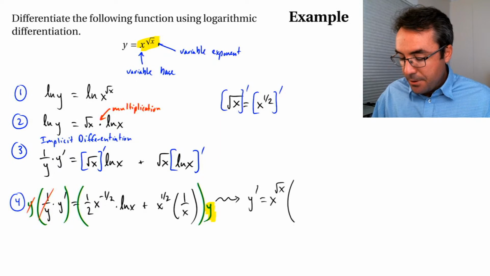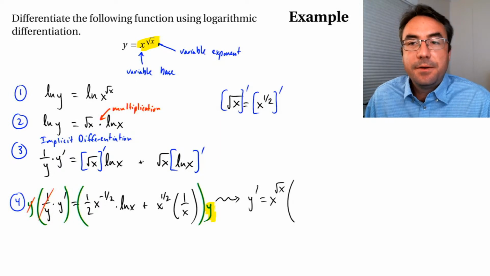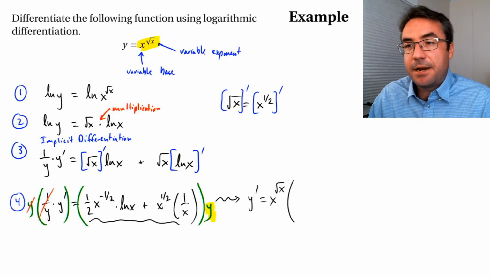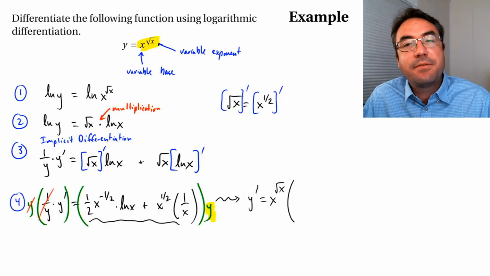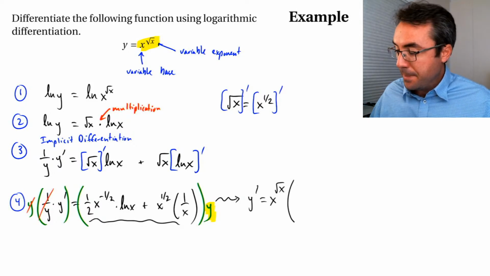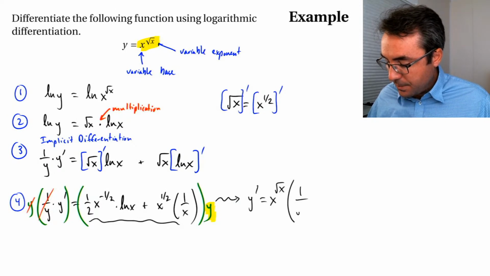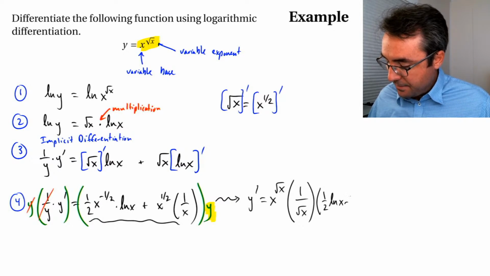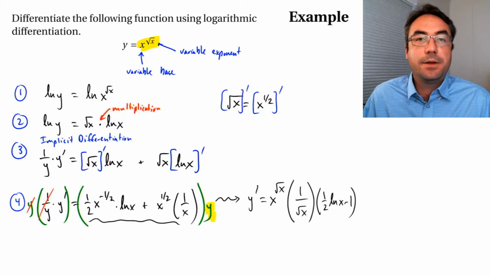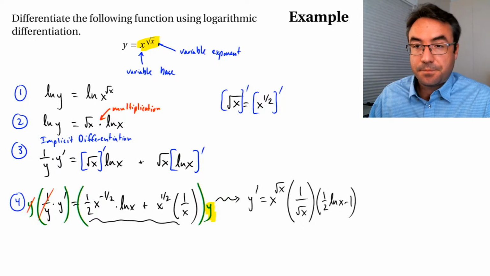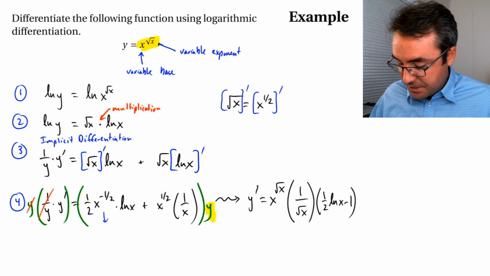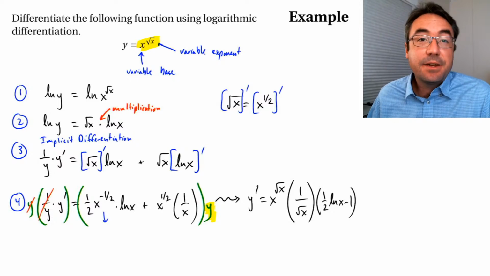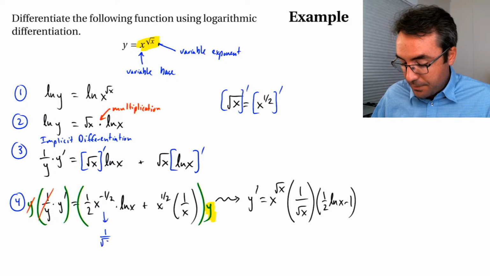And then we can do a little bit of simplifying on the terms inside the big set of parentheses here. Both of these terms end up having a 1 over x to the 1/2 power. So we can actually factor out a 1 over square root x. And then we have a 1/2 natural log x minus 1 term left over. You can see this x to the negative 1/2 is really 1 over square root x.